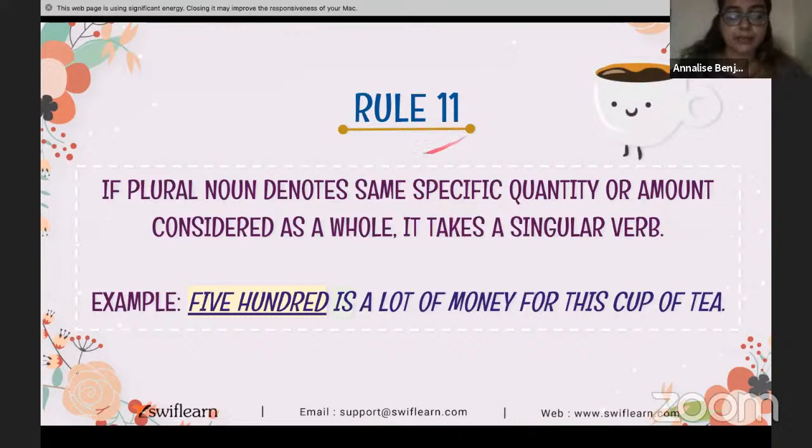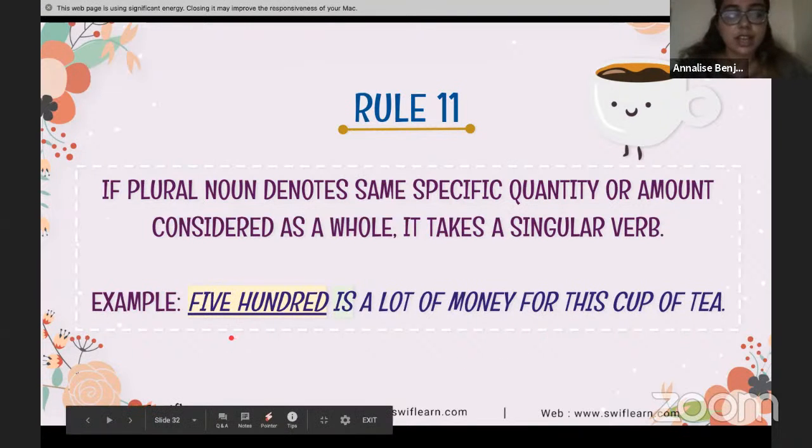Rule number 11. If the noun is plural, but it is talking about a quantity or an amount, then the verb is going to be singular.